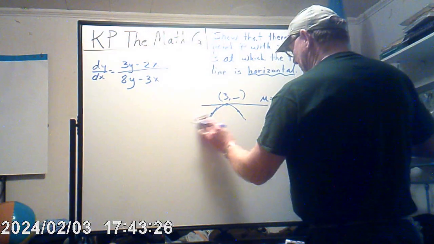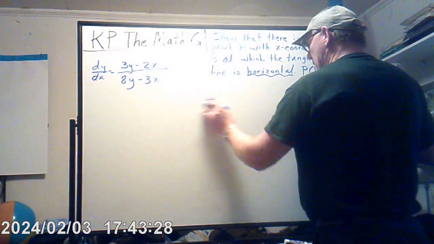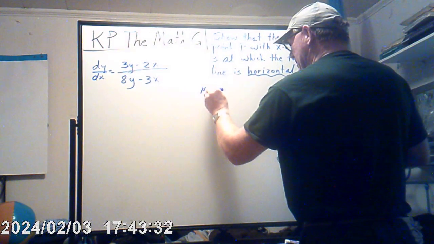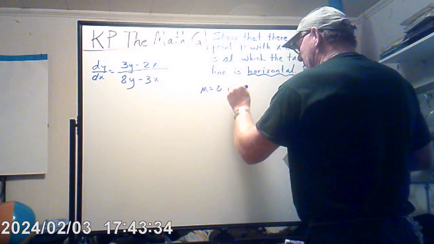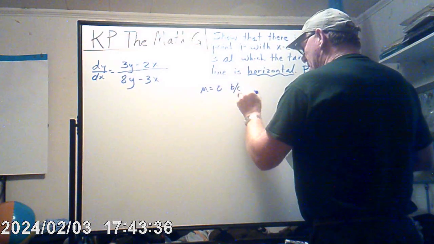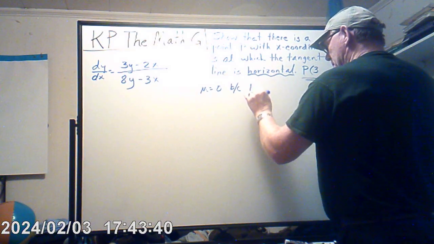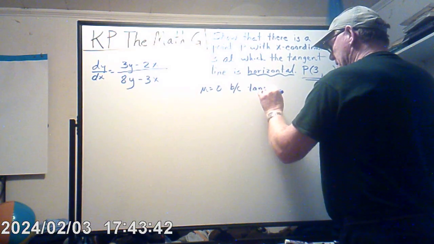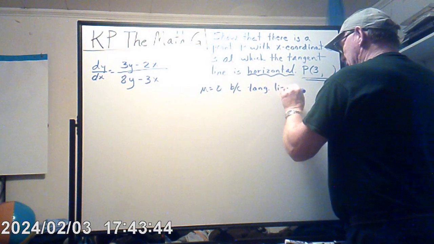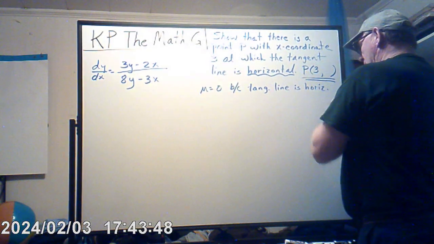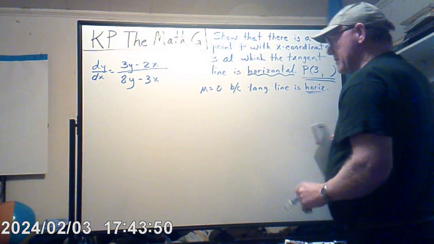So the slope m is equal to 0 because the tangent line is horizontal. That's what we're talking about.